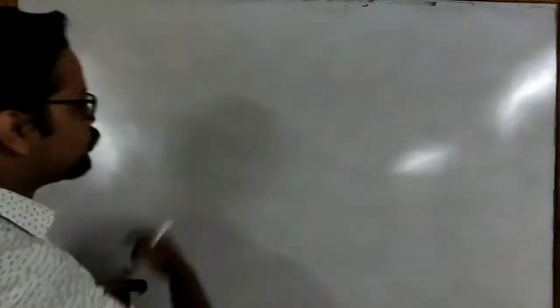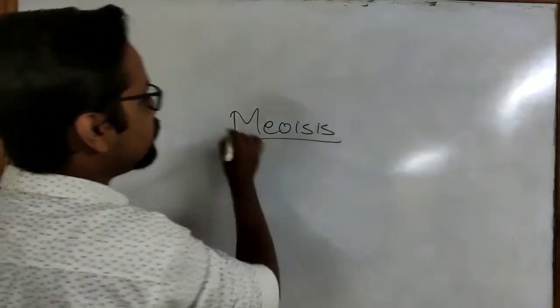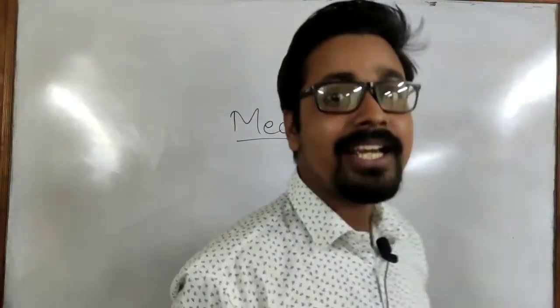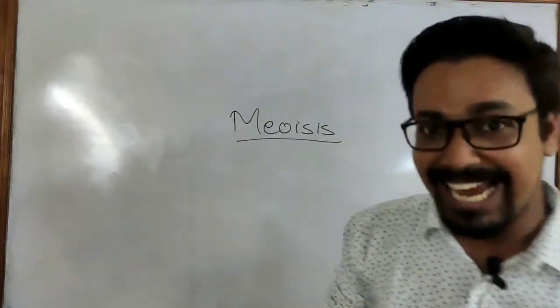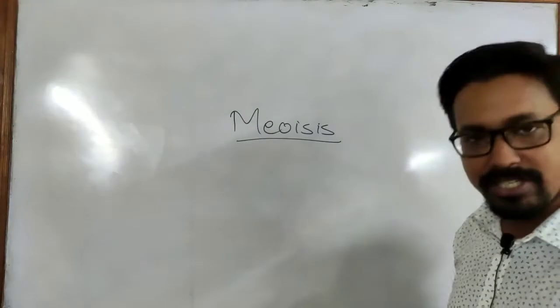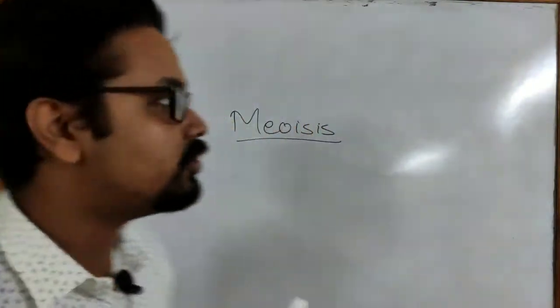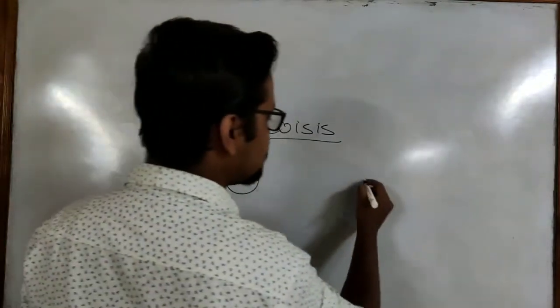Out of these two, meiosis is the one that is responsible for cell division of germ cells, and by germ cells I mean gametes, or your sperm and ovum, sperm and egg. These gametes divide with the help of meiosis. During meiosis, a gamete is formed. Suppose your father forms a male gamete and your mother forms a female gamete.